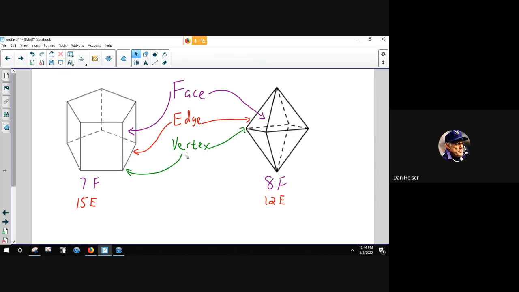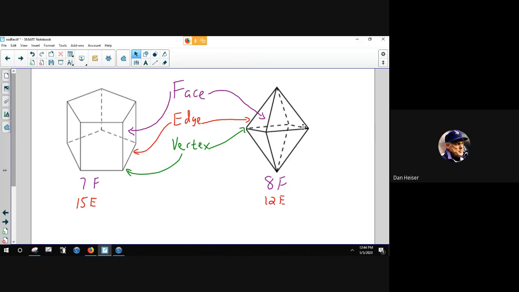So we have different rules for vertex for different solids. Typically, with a prism, you will have 3. Once you get beyond that, you could have sort of any number. This vertex has 4.